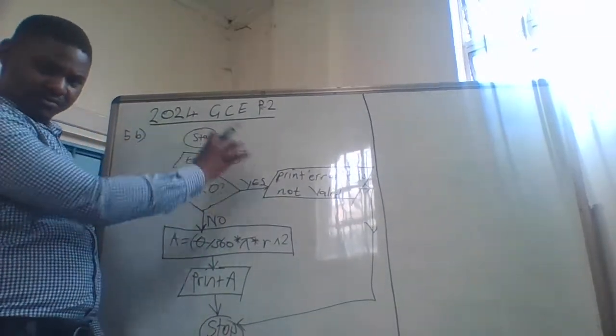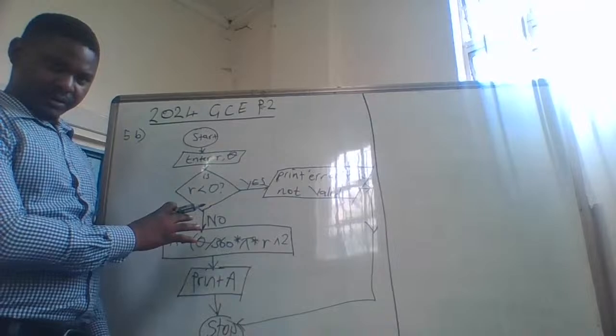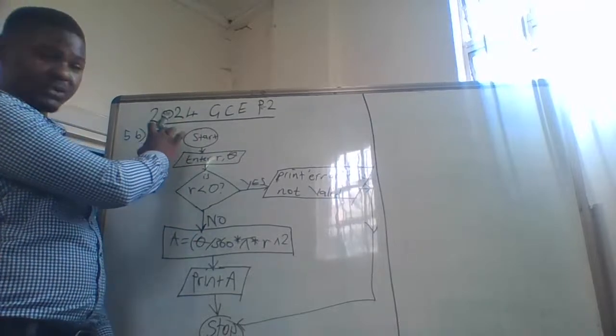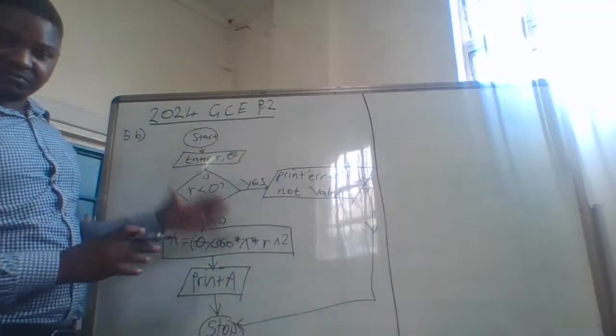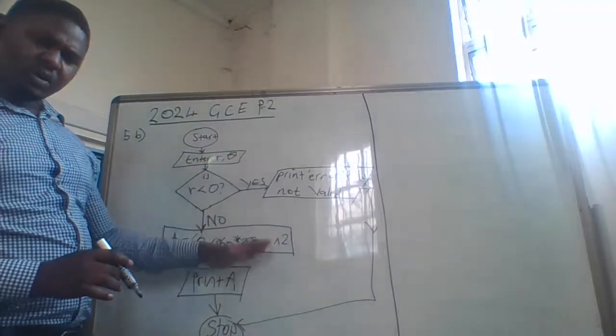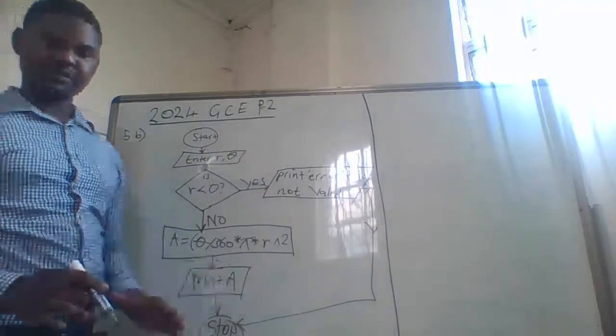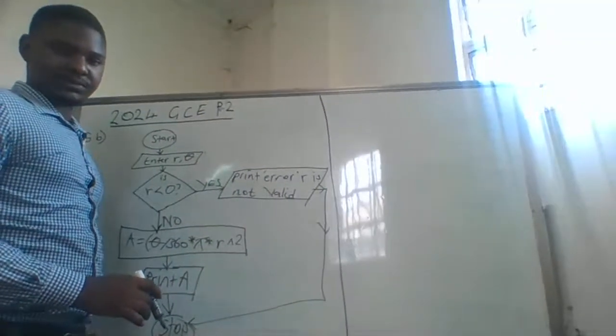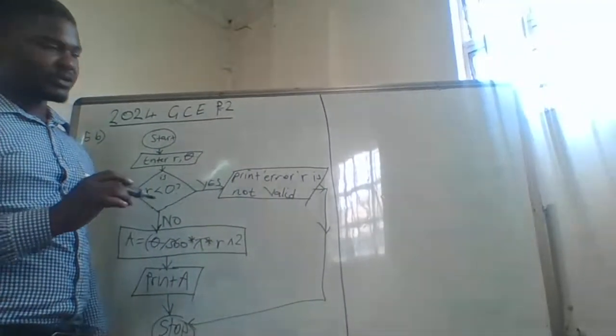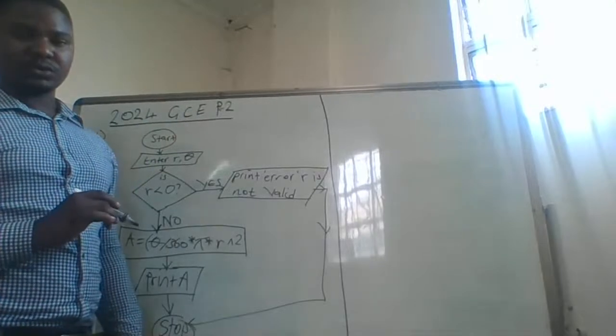Remember we are looking at the 2024 GCE past paper 2, question 5B. How do we go about answering this? It's very simple when you want to illustrate it using pseudocode.